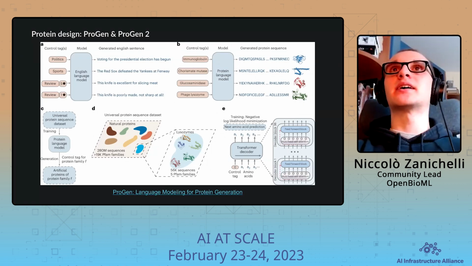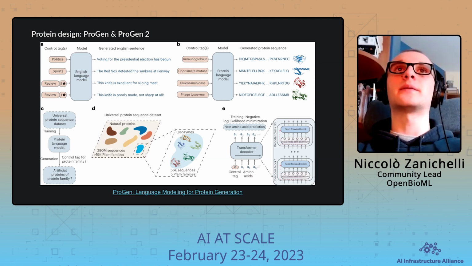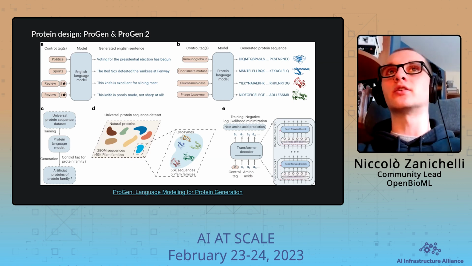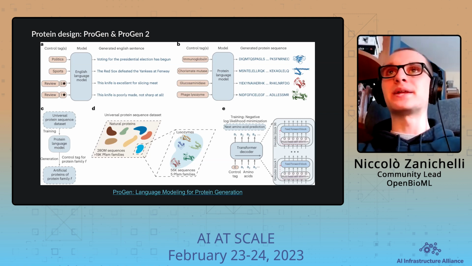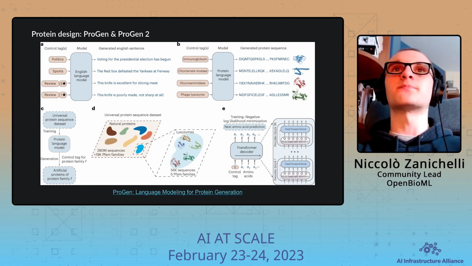Another model that has leveraged the connection between amino acid sequences and natural language is Progen. If ESM is the BERT of the protein world, Progen is its GPT. Developed by Salesforce, Progen is a generative model trained with a next token, or better, next amino acid prediction objective, meaning that it is effectively trained to generate novel protein sequences.